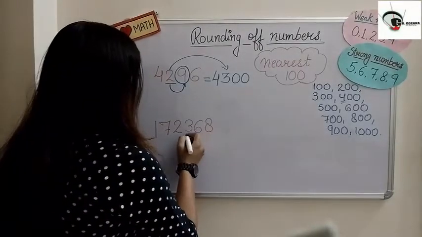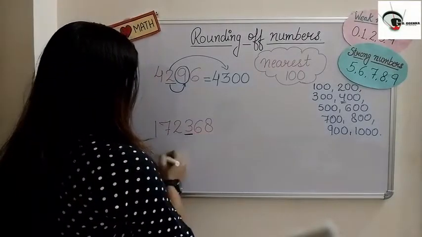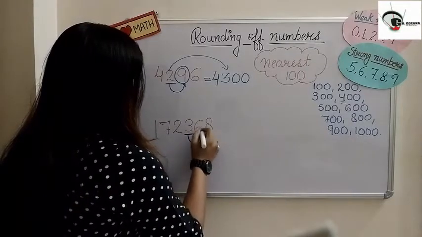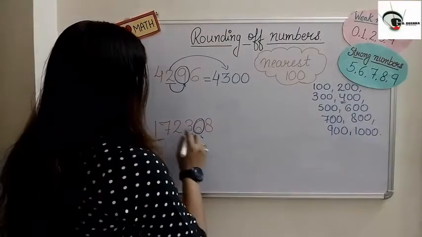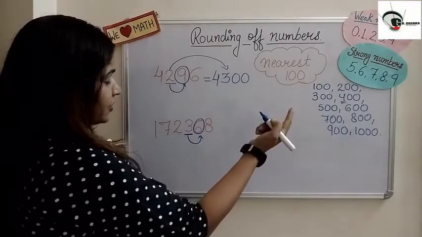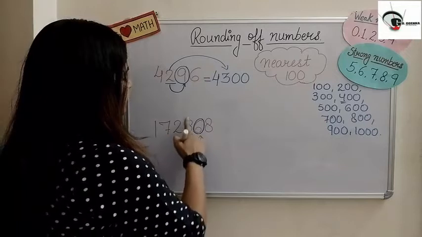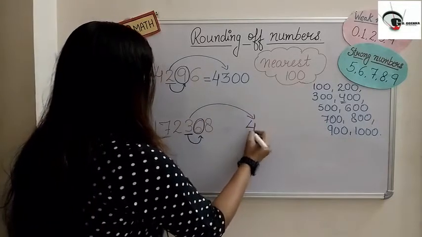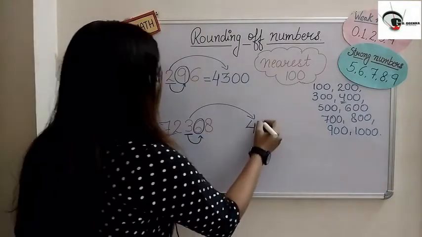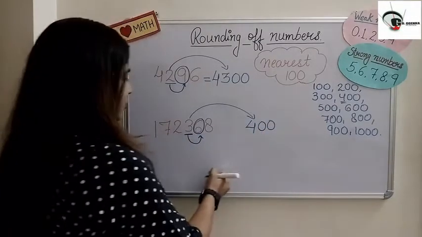Ones, tens and 100 place. This is the 100 place. This is the next number, that is 6. So 6 is the strong number, so it is going to push this 3 to the next number, that is 4, and these two numbers will become 0 and 0.